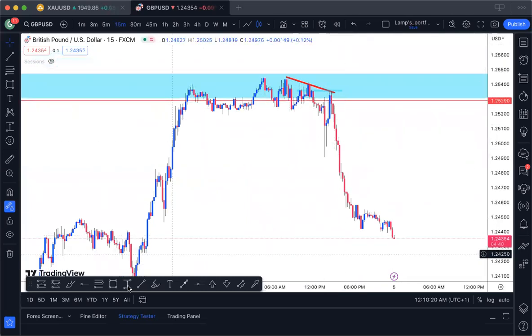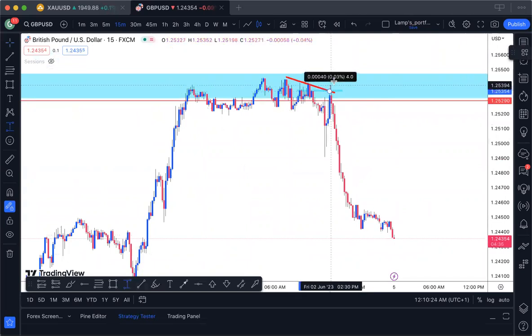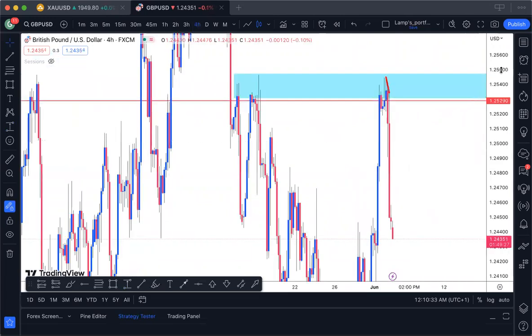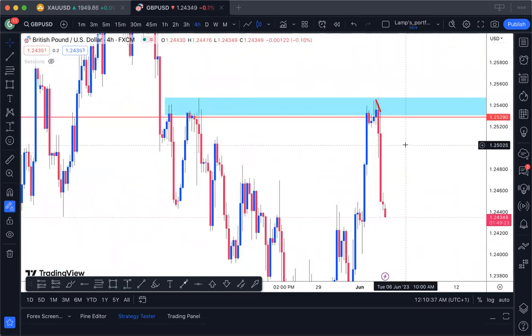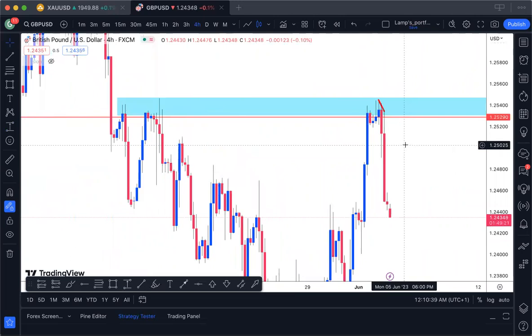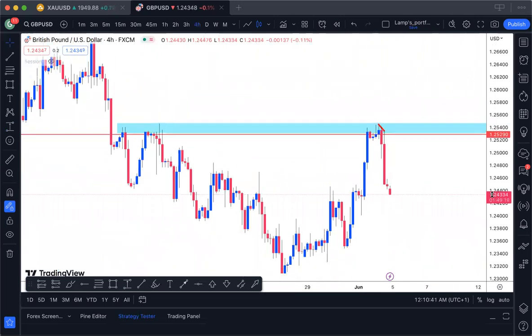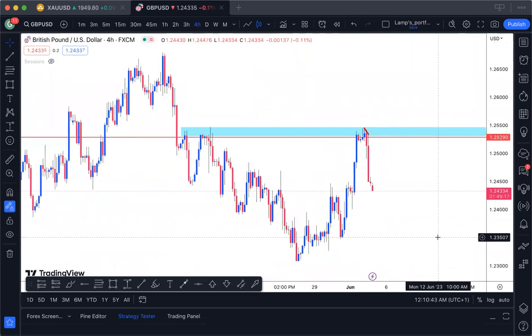How many pips are you even risking? 6 pips. 6 pips. Jesus Christ. You see, and even in the 4-hour, we have engulfing sitting there. Free money. Free money.